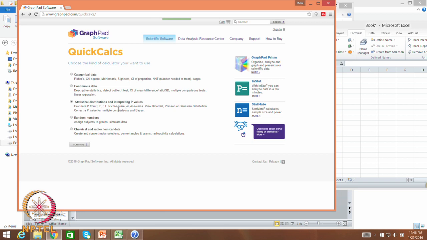So, chi-square comes here, we can do it by continuous distribution.